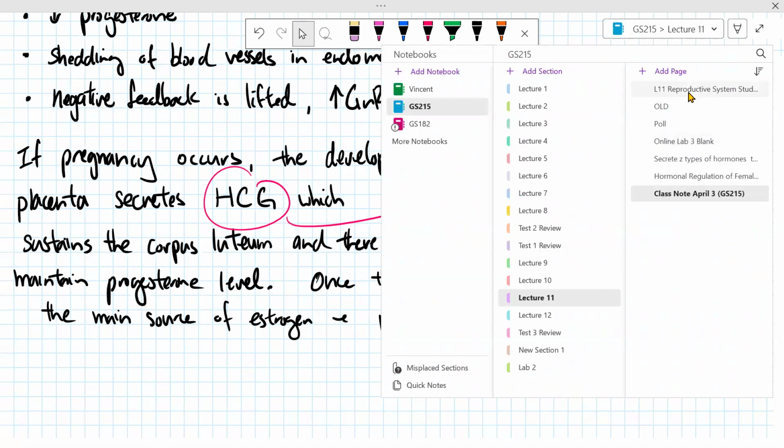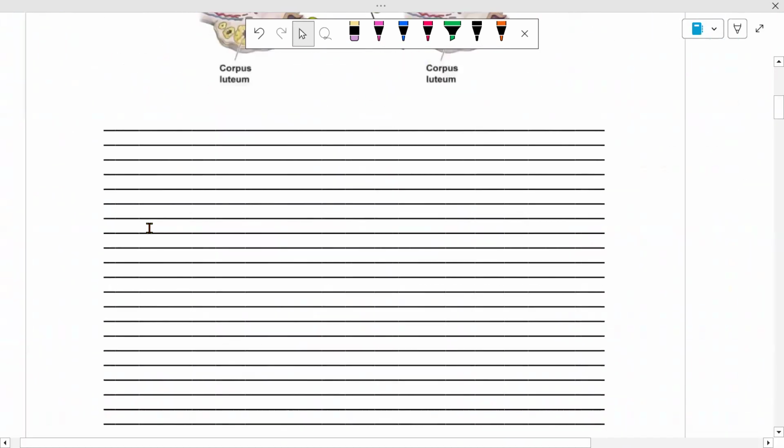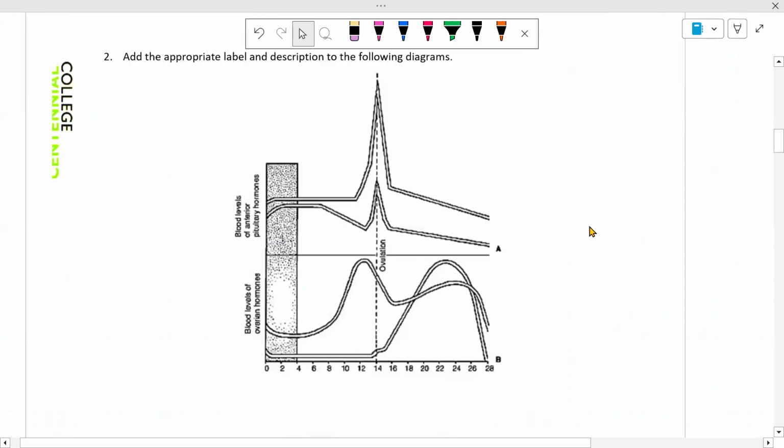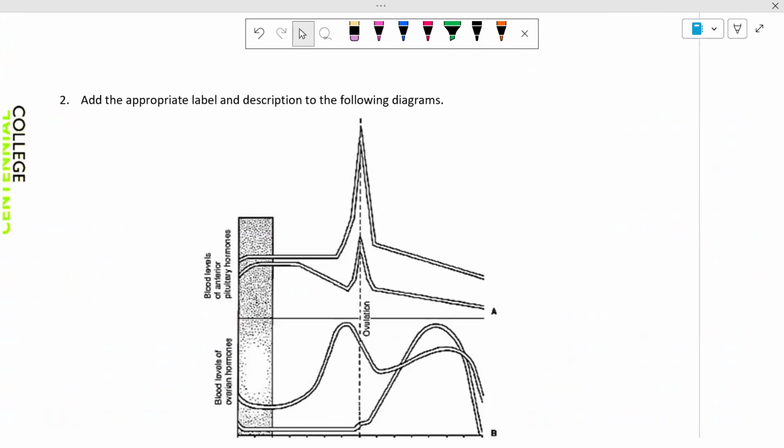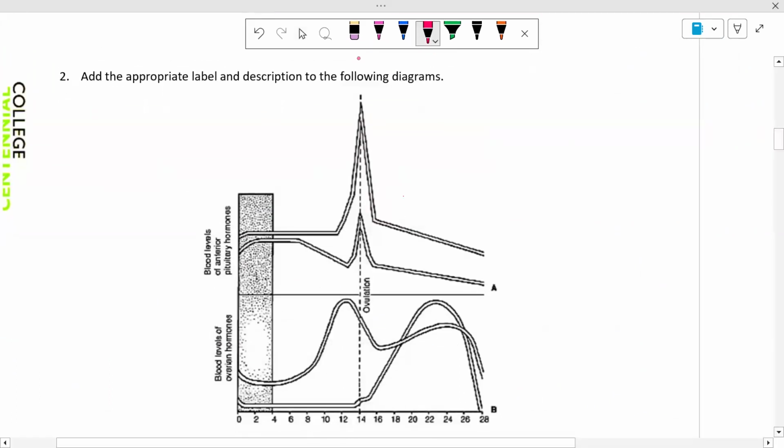Let's go to this graph here. Okay, there's a graph right there. Second page of your study guide. Let's go through it together. So the first line here, this is the FSH.